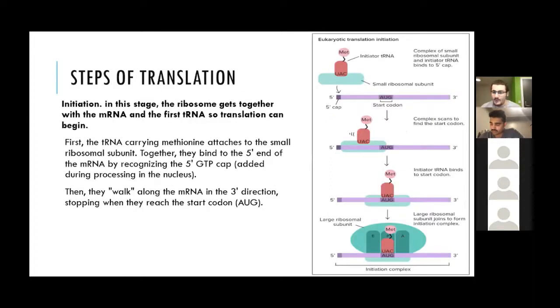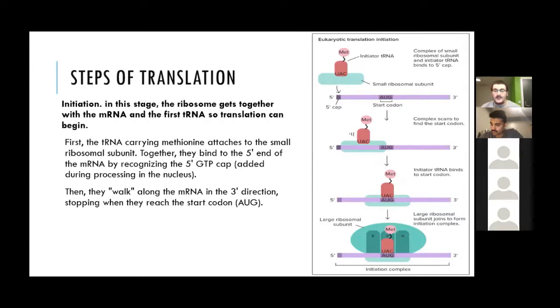Okay, now let's talk about translation. The first step of translation is initiation. In this stage, the ribosome gets together with the mRNA and the first tRNA so that translation can begin.